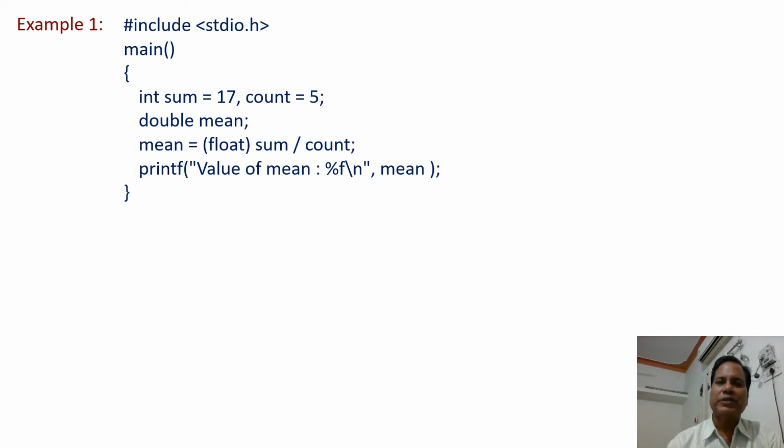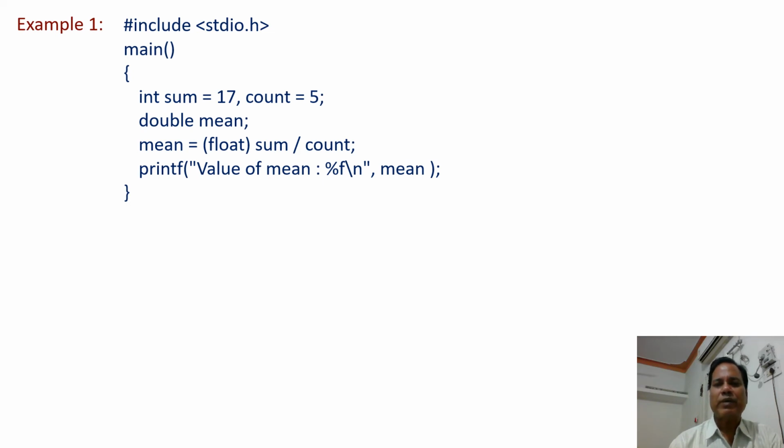So what is done? Using the typecasting feature of the C programming language, in the brackets we write float and then sum slash count. This typecasting function has higher precedence than the division operator.